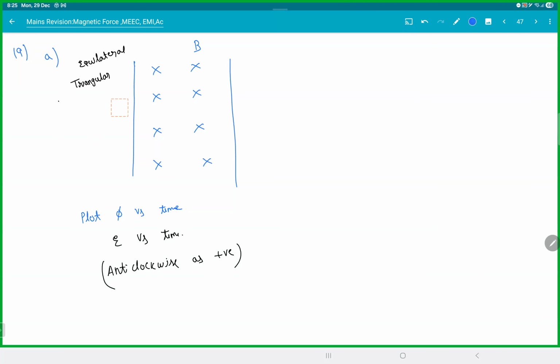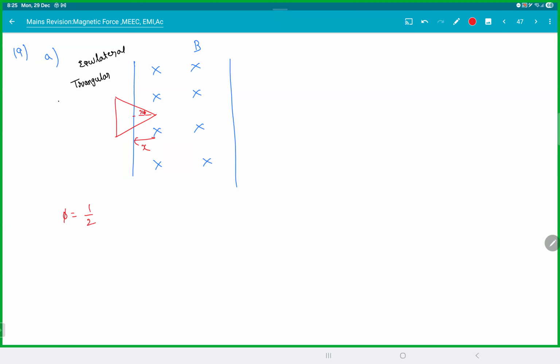Now we can see this when you're entering. If you take this distance to be x, here the flux will be half into the base. This is 60 degrees, 30 degrees. That will be x by root 3, whatever.